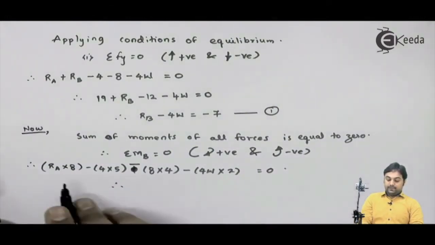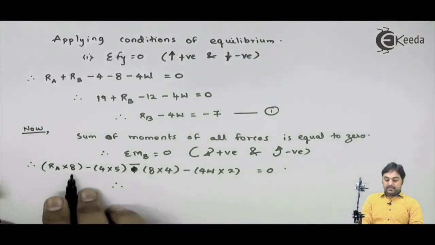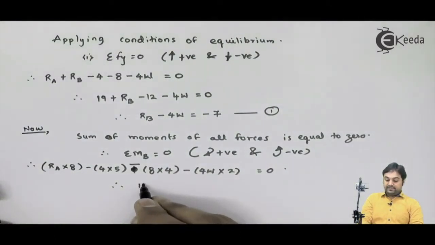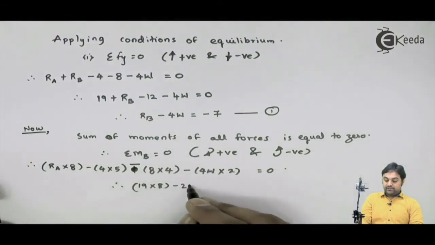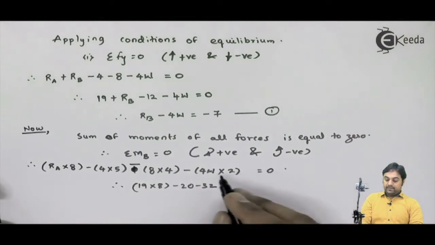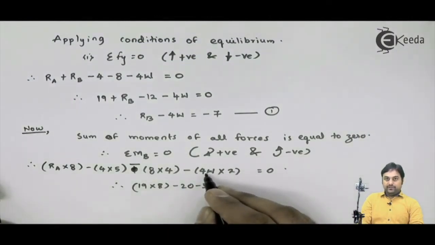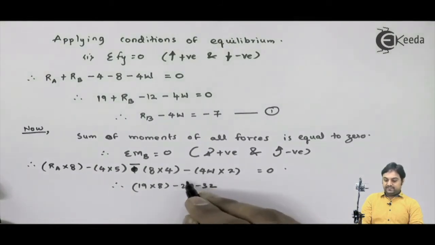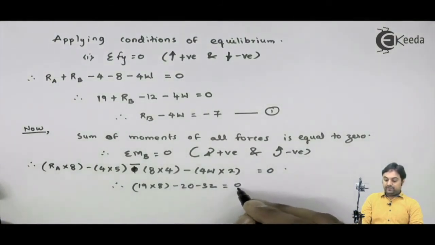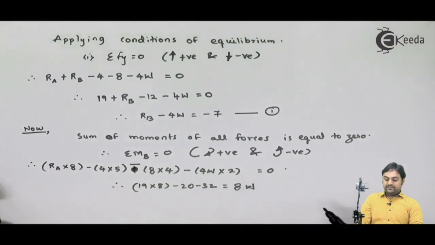Therefore, Ra into 8. Ra is given to you as 19. So 19 into 8 minus 20 minus 32. This will be 2 into 4, which gives me 8W. It is minus 8W. I'll shift it onto the other side. So that becomes plus 8W.